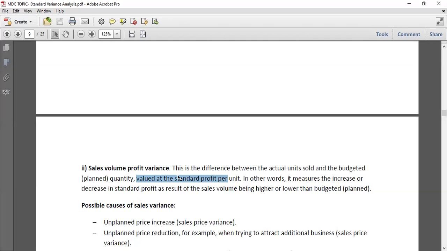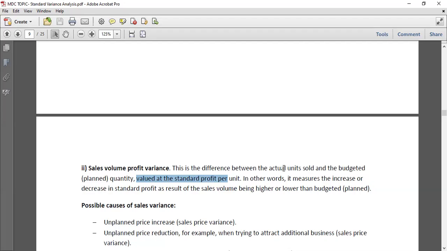So that's very important. If I was trying to look at this, mine is to see what my actual quantity was.